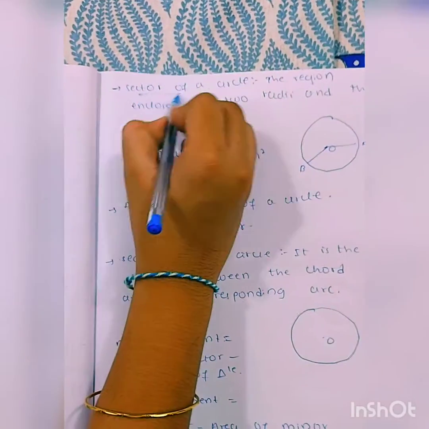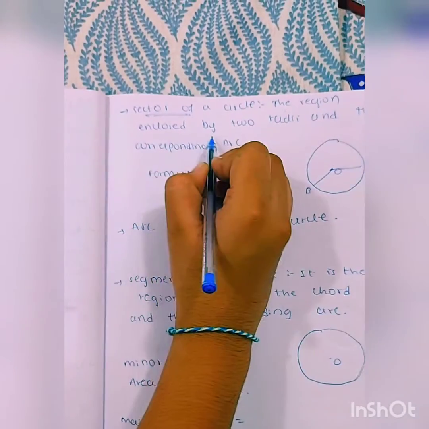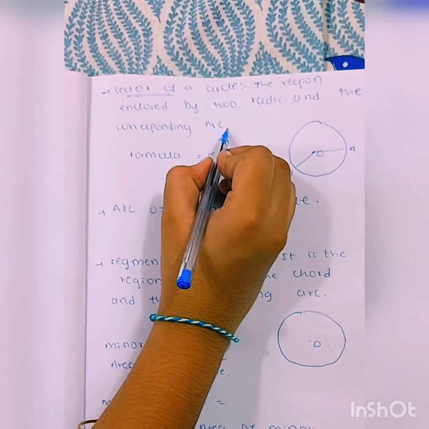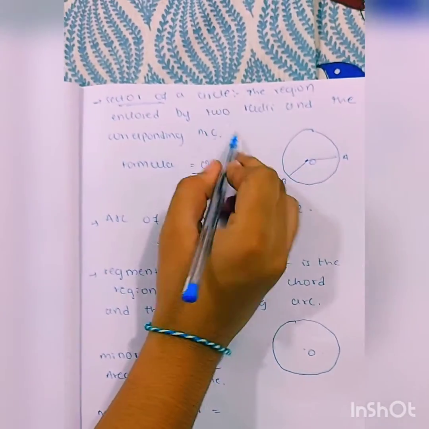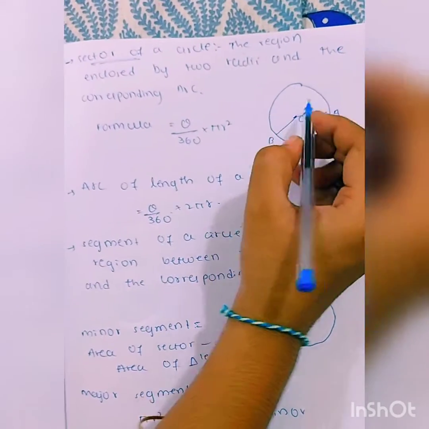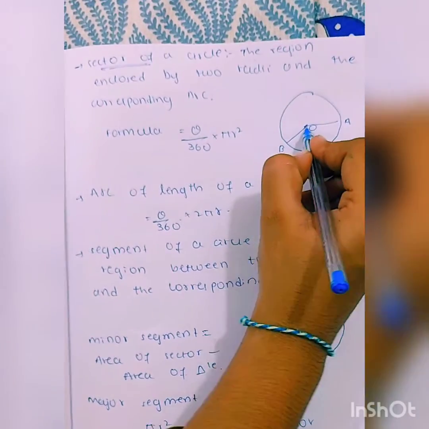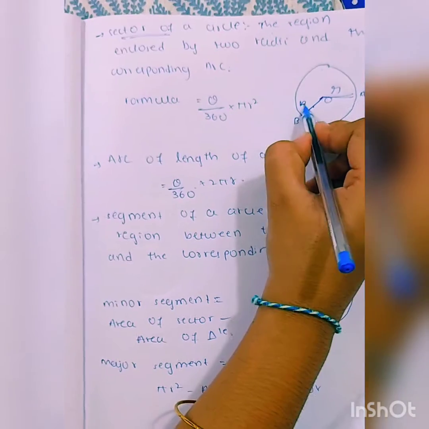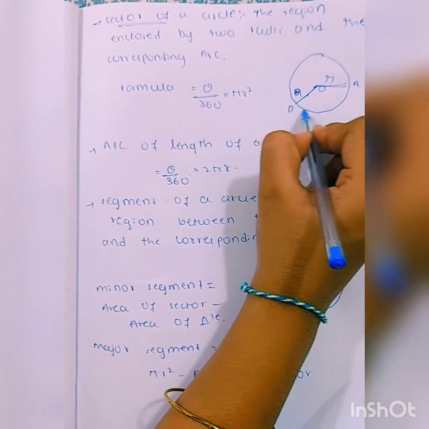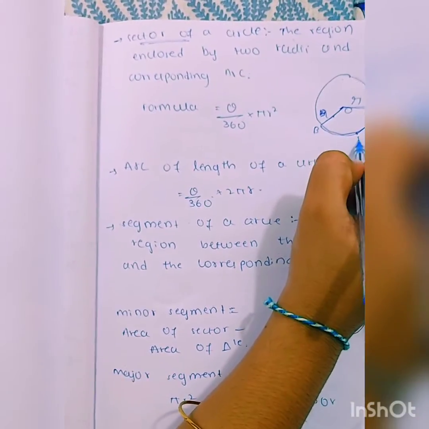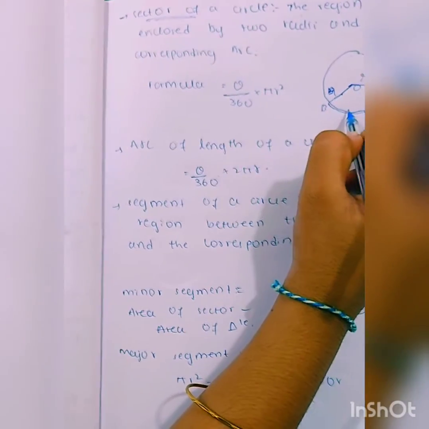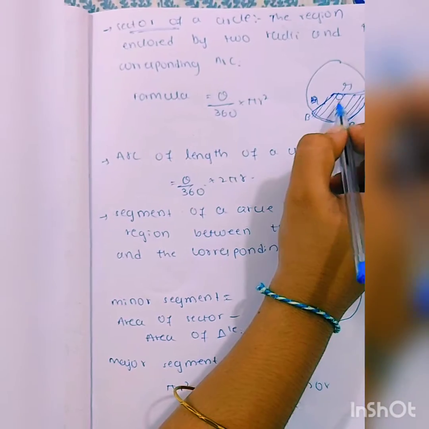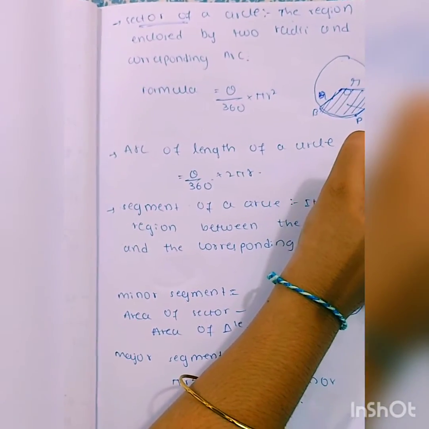Sector of a circle. The region enclosed by two radii and the corresponding arc is called a sector of a circle. So when we consider a circle, the area which is enclosed by the two radii, here OA and OB are the radii, and APB is an arc, and the area which is enclosed by the two radii and this arc is called a sector of a circle.